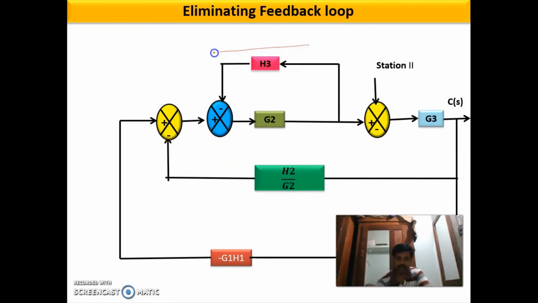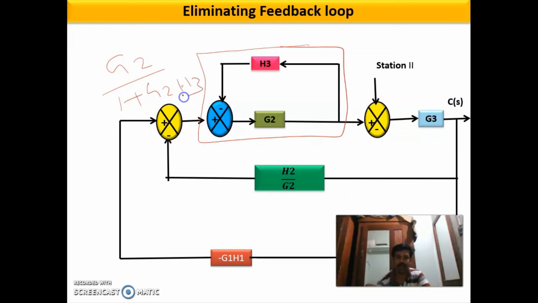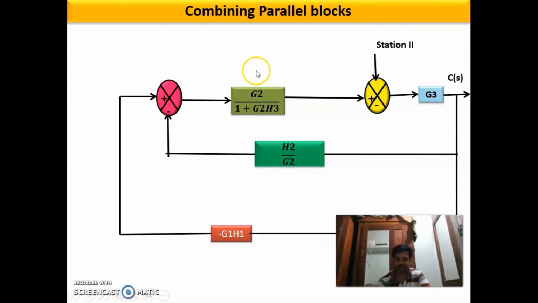So this is nothing but a feedback loop. This feedback loop can be replaced by a block having a transfer function G2 divided by 1 plus G2 H3.